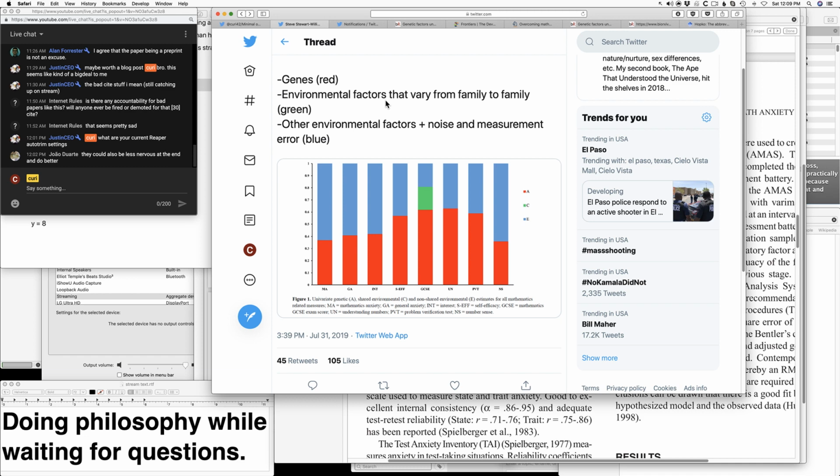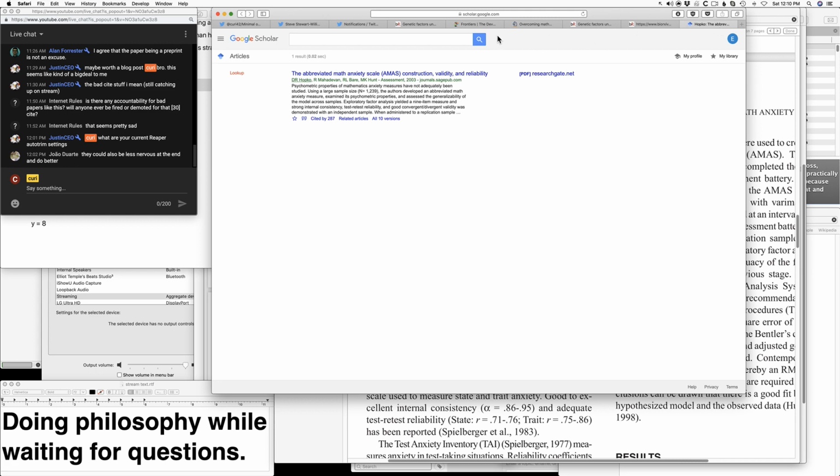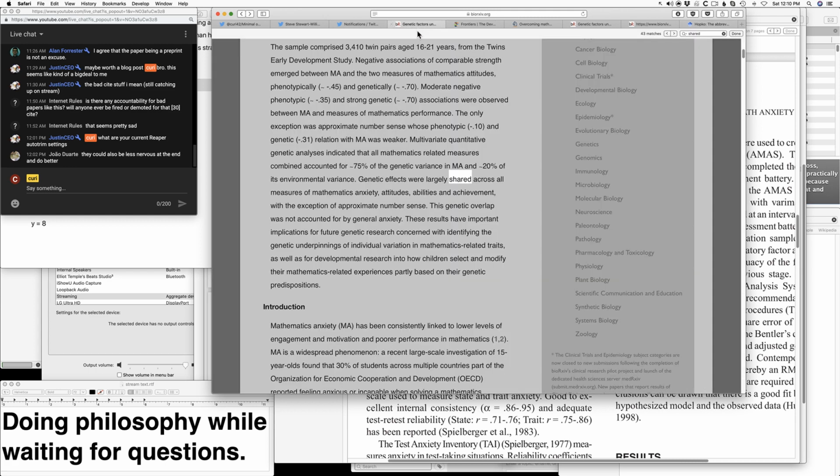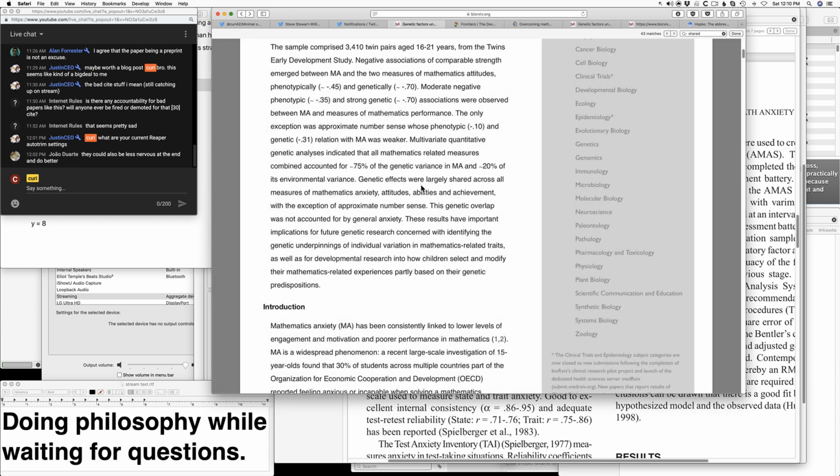They seem to treat shared environment as family, but shared culture is also shared. I've seen twins-raised-apart stuff trying to say that if they're raised apart, then they don't share environment or something. Anyway.